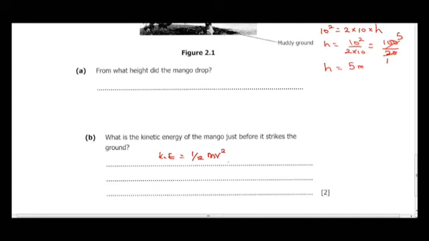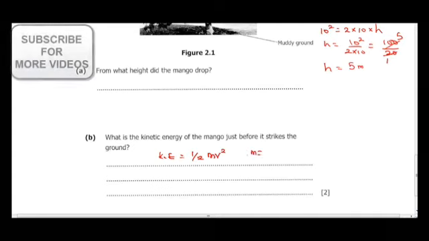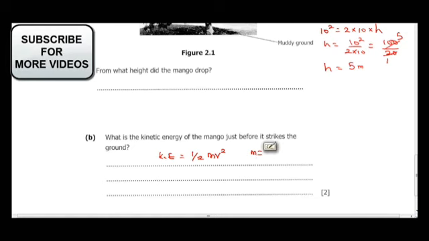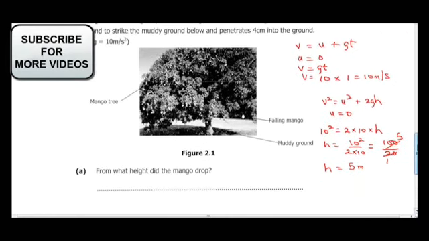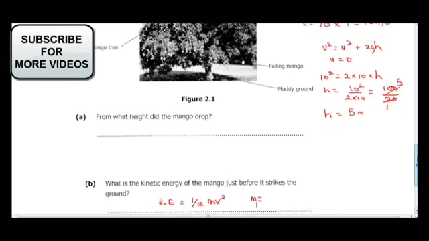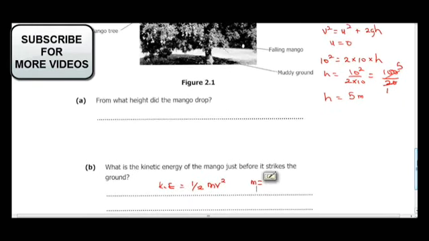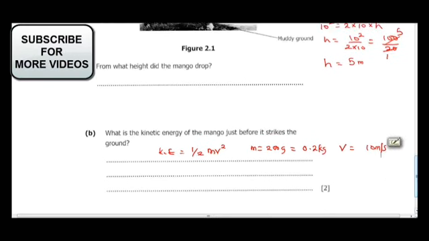Our mass is 200 grams, which is equal to 0.2 kg, and our v is 10 meters per second.